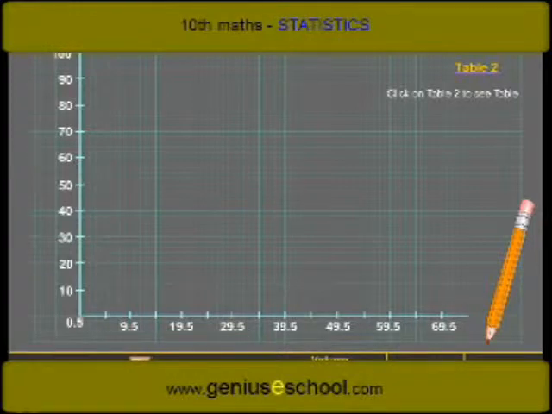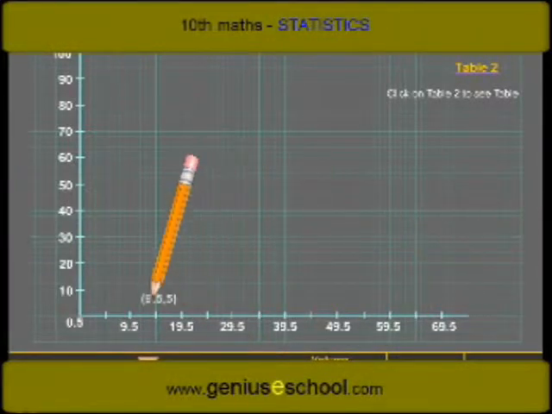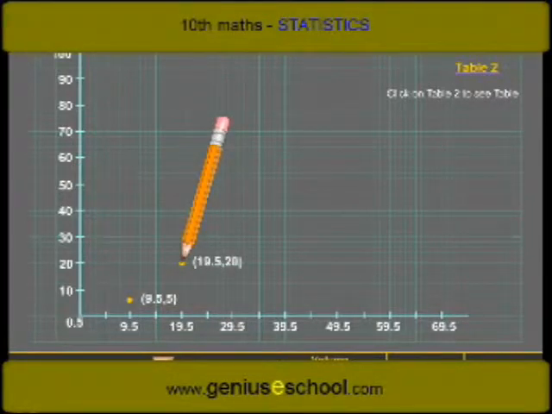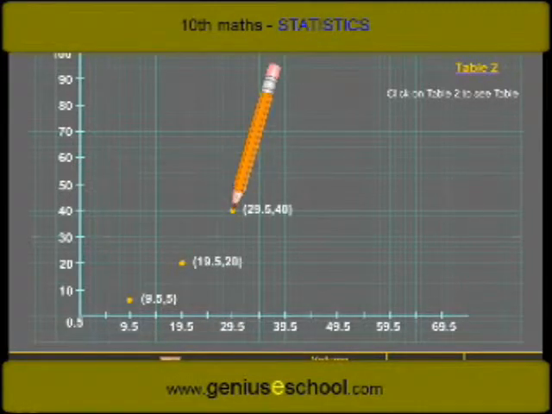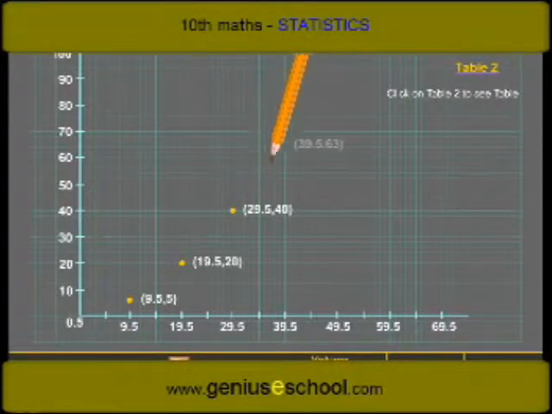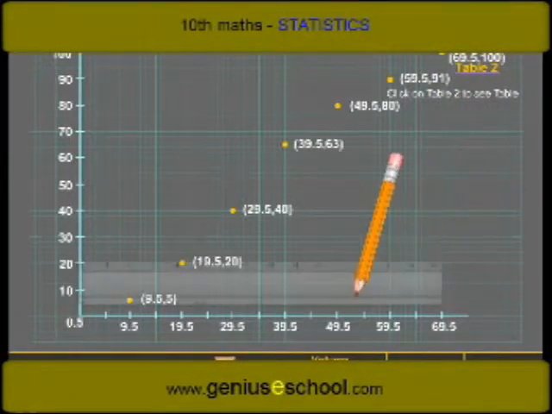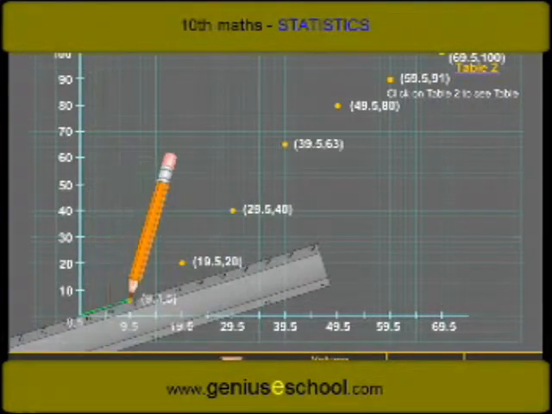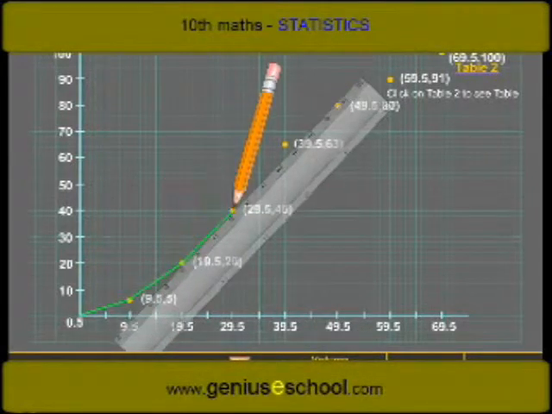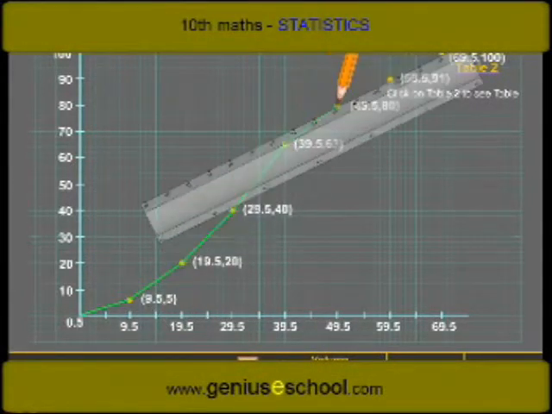Now we plot points 9.5, 5, 19.5, 20, 29.5, 40, 39.5, 63, 49.5, 80, 59.5, 91 and 69.5, 100. The cumulative frequency polygon is obtained by joining these points by line segments.